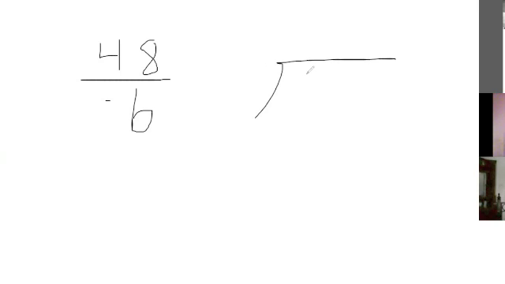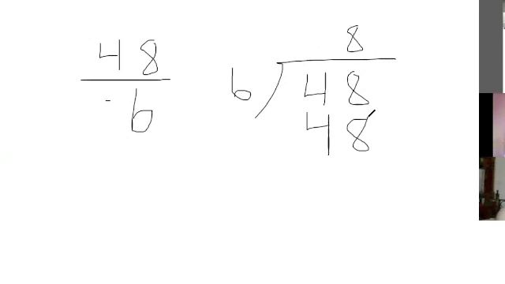So the 48 is going to be in here, and then that 6 is going to be out here. And then you just have to figure out how many times 6 goes into 48. So 6 doesn't go into 4, so you have to do 6 into 48. 6 goes into 48 eight times, and 6 times 8 is 48. So this right here is going to zero out.